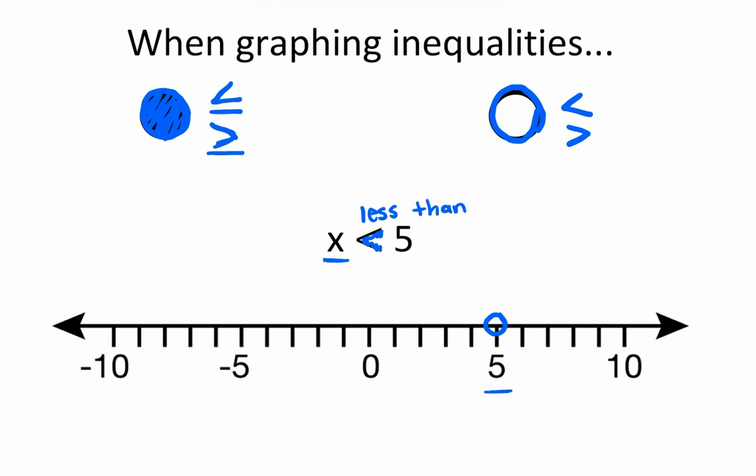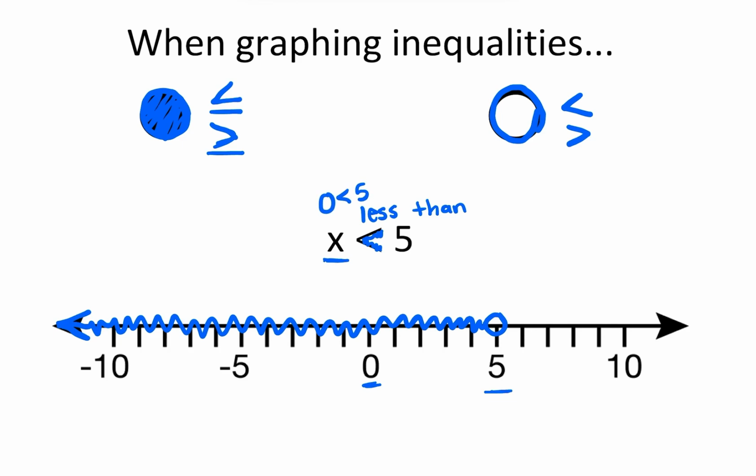So if I put a 6, is 6 less than 5? No, it's not. So I have to have everything below 5 shaded, because these are all of my possible answers. So anything in this shaded section I could plug in. So I could plug in 0. Is 0 less than 5?